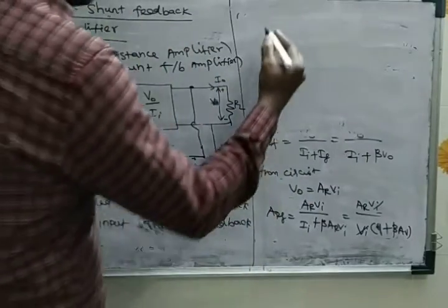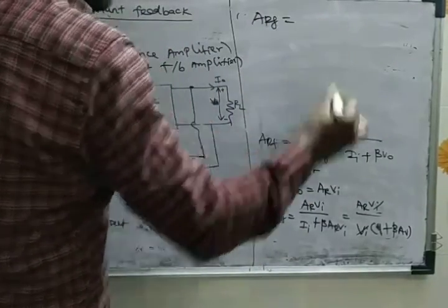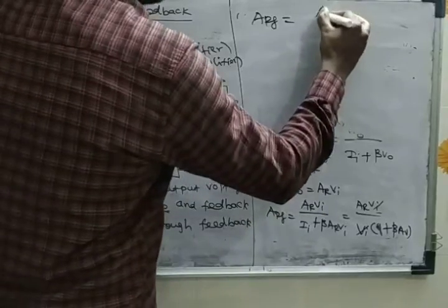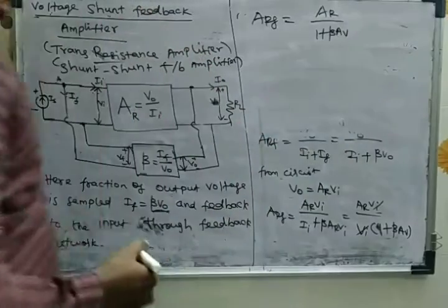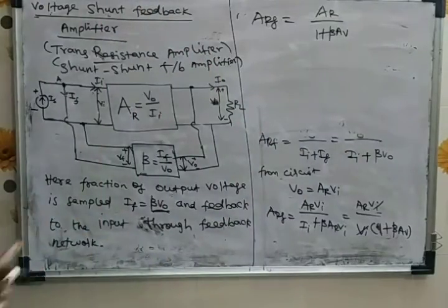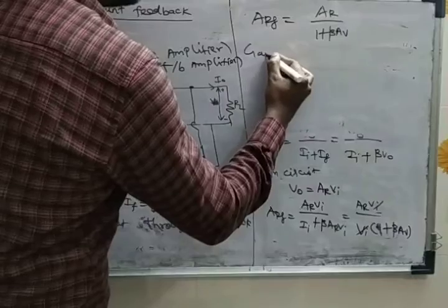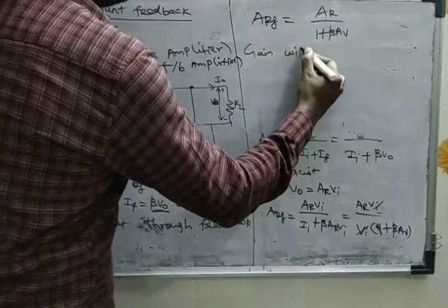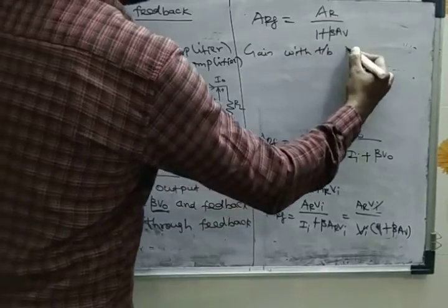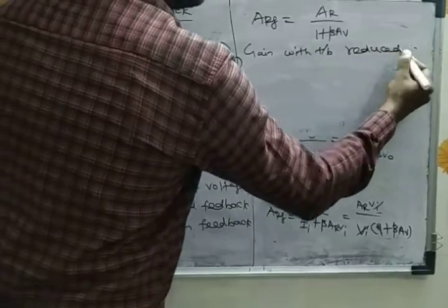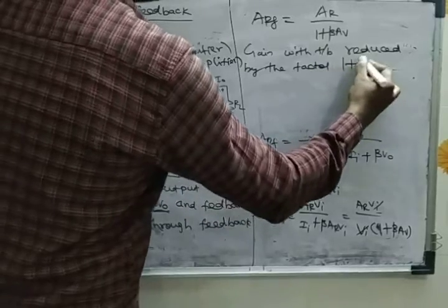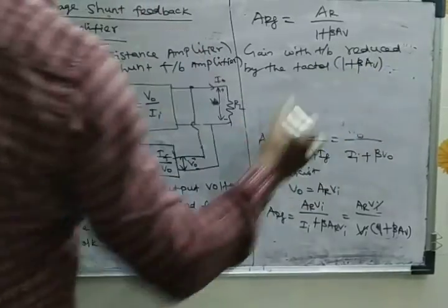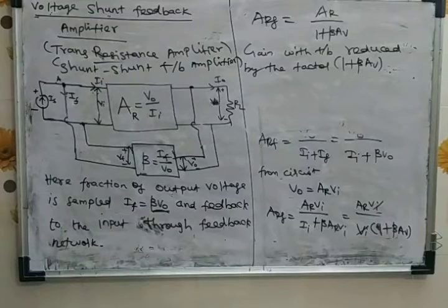So you will get ARF is equal to AR by 1 plus beta AR. So the gain with feedback is reduced by the factor 1 plus beta AR.